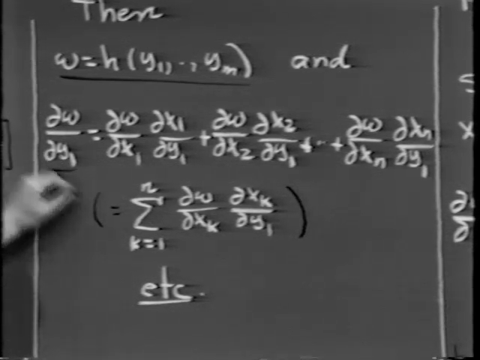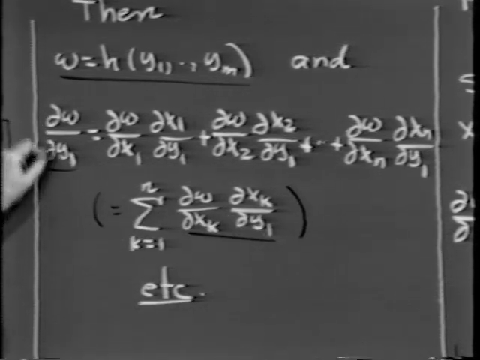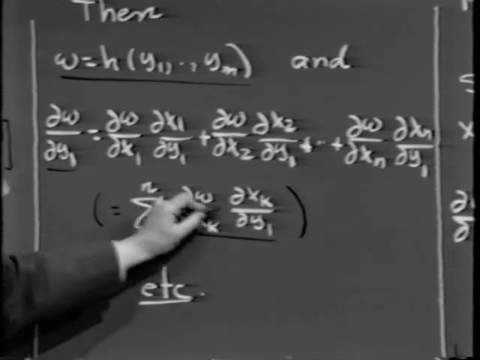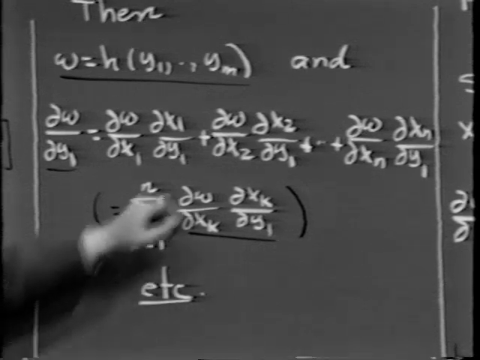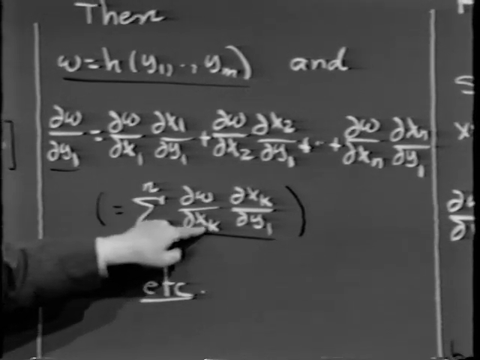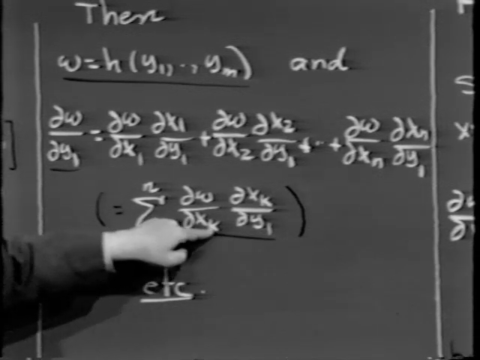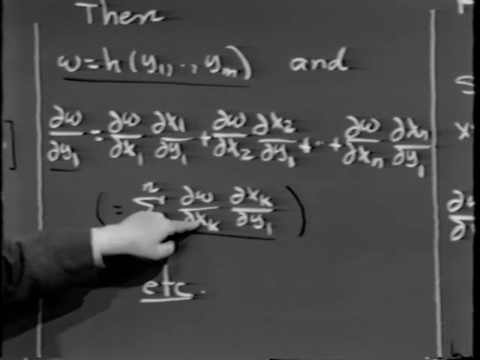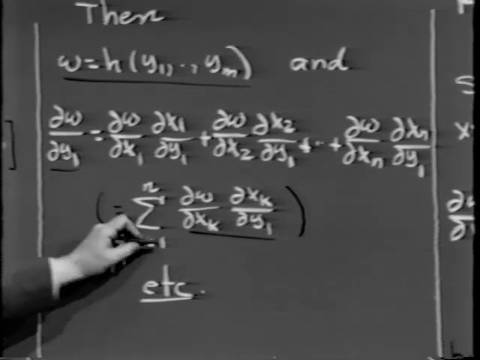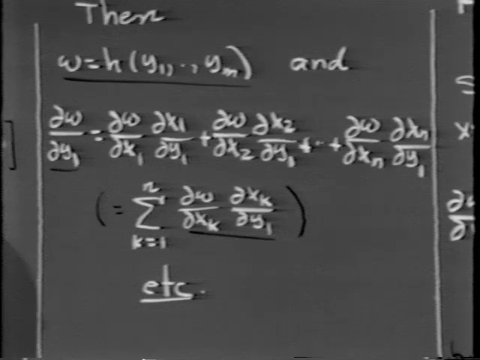But if you look at this and look at this, I think it's very suggestive to see how the chain rule works. You see, here's your partial of w with respect to y1, and these are what? The contributions due to each of the changes of the n variables. This is the change due to the x sub k variable, right? And you add these all up because they're independent variables as k goes from 1 to n.